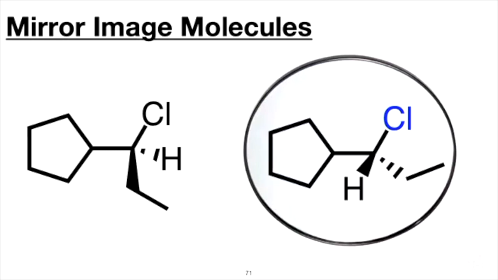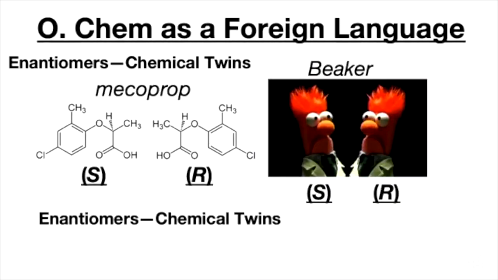Enantiomers are your big OChem as a foreign language lesson for today, because enantiomers are chemical twins. Same molecule, mirror images. Mirror images that are not superimposable. Just like Beaker on the right, you can't take the R Beaker and move him over to be S Beaker. I mean, you can just look at those pictures and tell you can't do that, right?